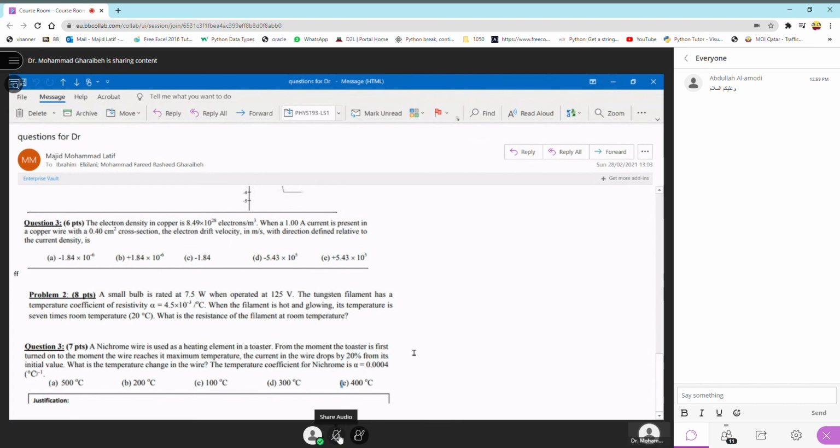So I final is 0.8. V is fixed, then R is what? It is 1 over 0.8 of its initial value. R is 1 over 0.8 of its initial value.